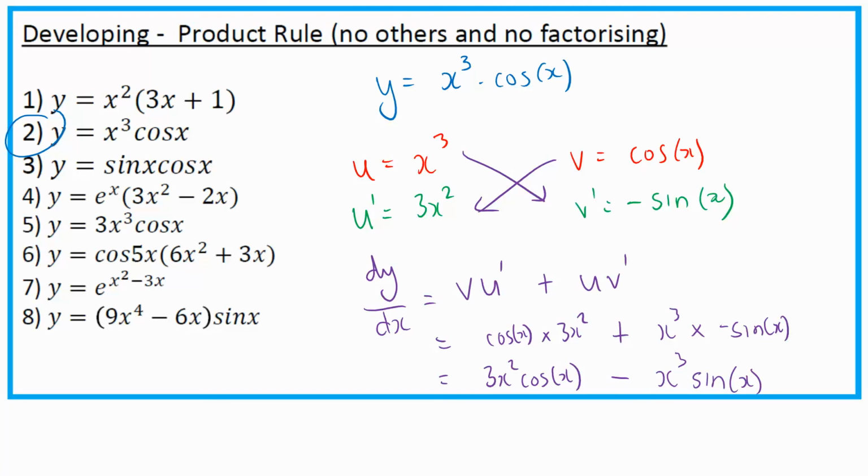What's common about the two? X squared. Good. They both have a factor of x squared. Take that out. So the year 12 answer should be x squared bracket 3 cos of x minus x times sine of x. This is a better answer for year 12 for a 2 marker.